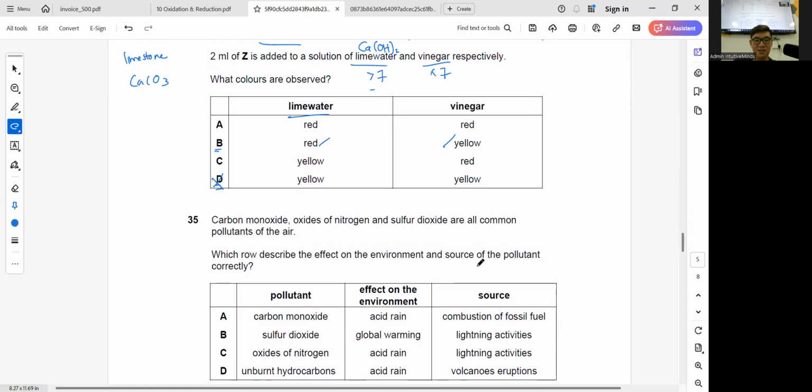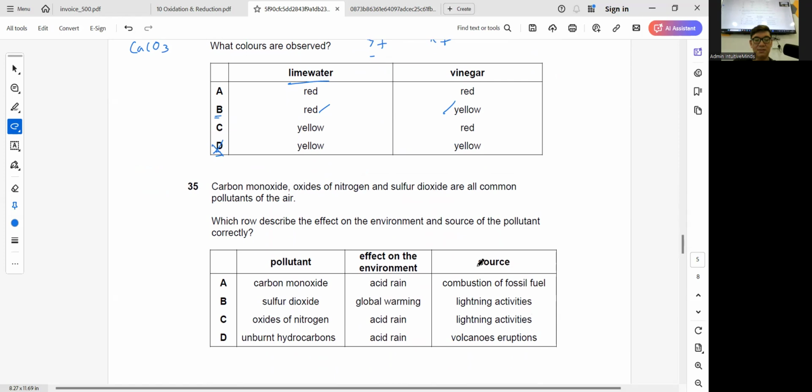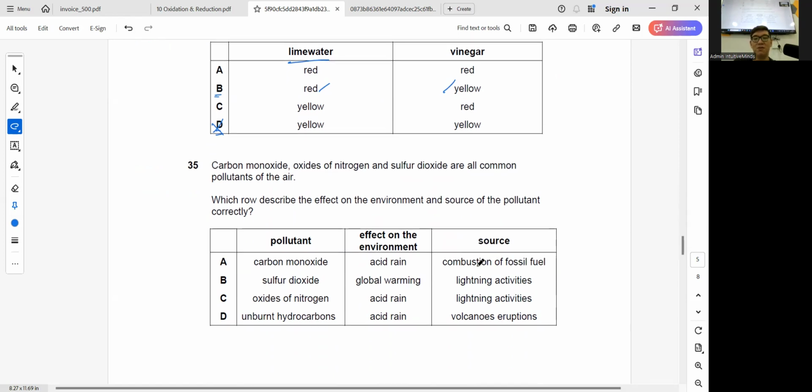35. Unburned hydrocarbons do not produce acid rain, and they're not produced from volcanic eruptions. C is correct. Nitrogen oxides produce acid rain. They dissolve in rain to form nitric acid, and they can be produced from lightning.